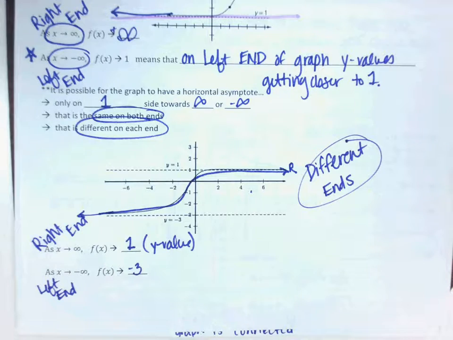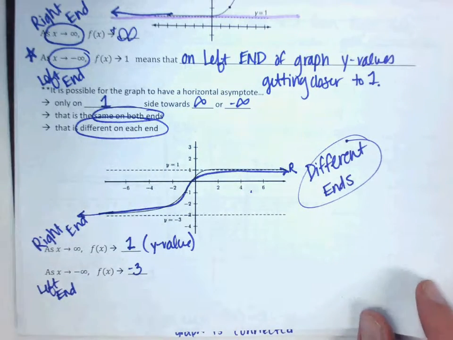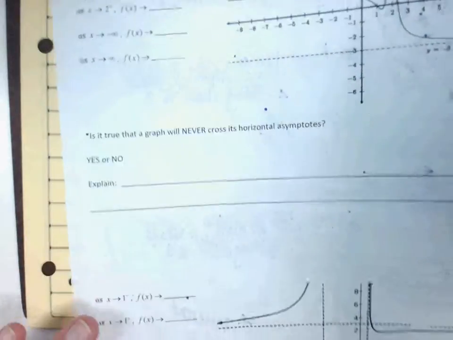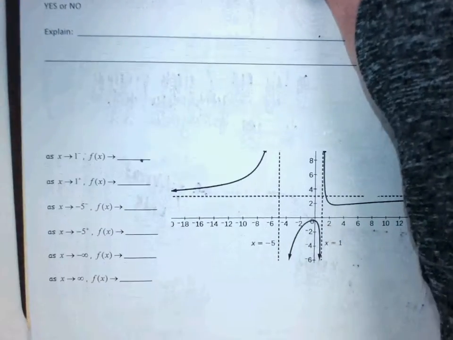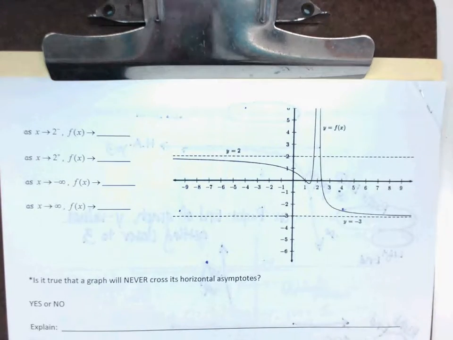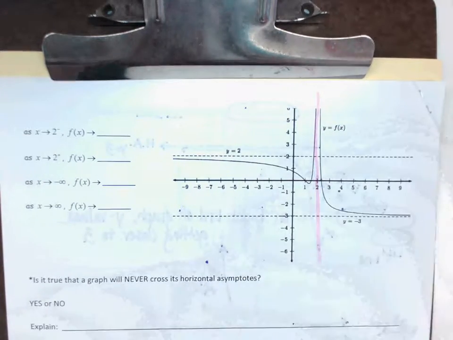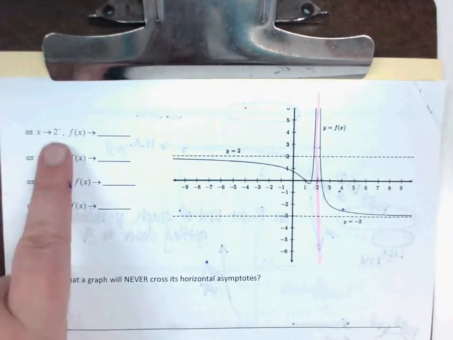Okay, so now we're going to put it all together. You have 2 more left. Look at the top one. First I want x to approach 2. I see a little minus sign. If x is approaching 2 with a minus sign, the first thing I do is draw my line in at 2.